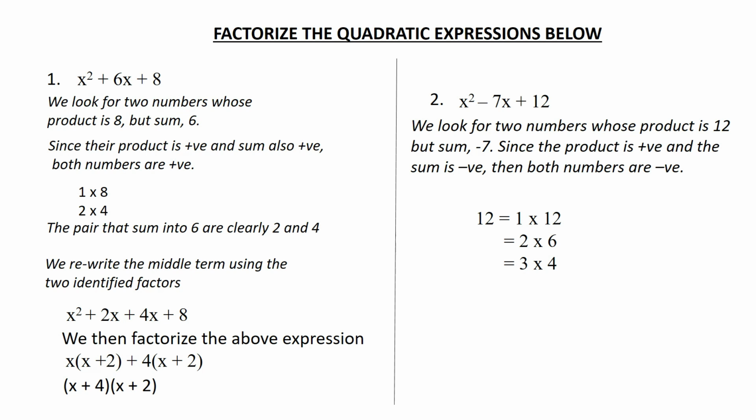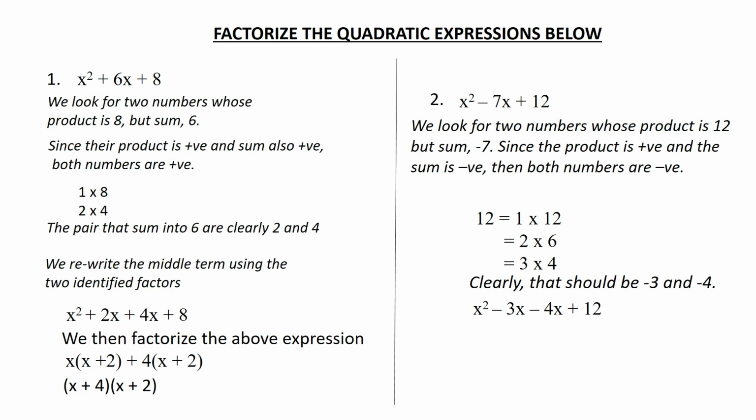So rewritten, our quadratic expression now becomes x squared minus 3x minus 4x plus 12. Like we did in the first example, we are going to factorize the first two and factorize the last two separately.